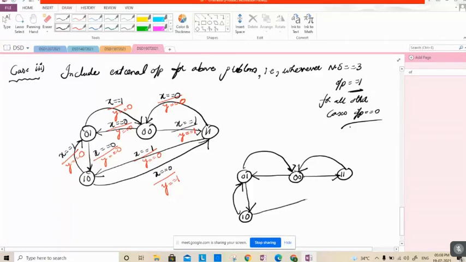Why are arrow marks required? Because the signal flow must be known, the sequence: present state and next state. Which one is the present state, which one is the next state, that is to be known. So this is written in this way. The numerator represents the input value, the external input value. The denominator represents the output value.